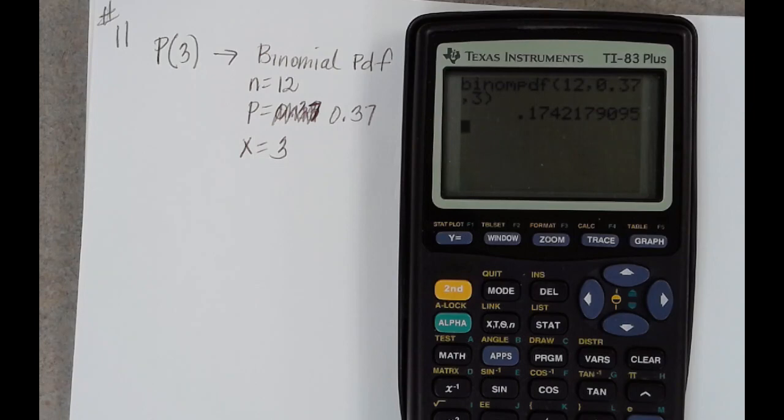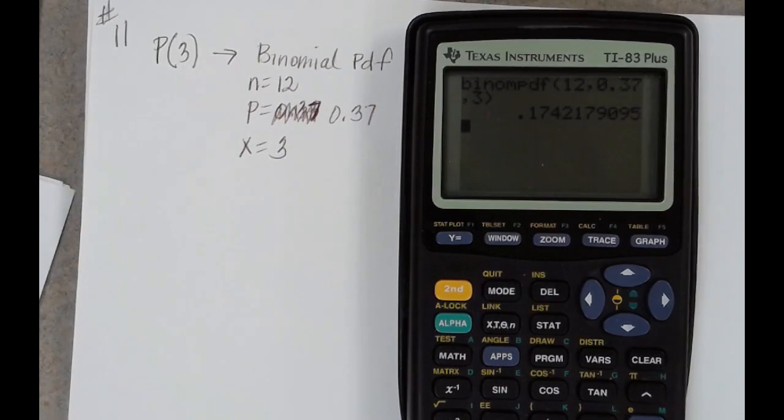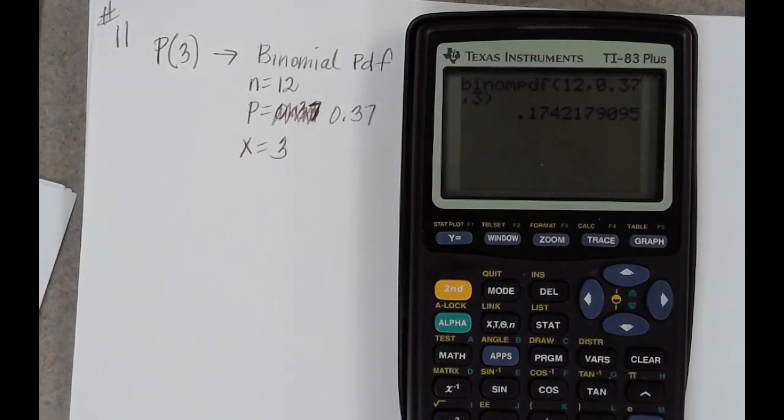Okay. So let's look at how we're going to round that value. Be thinking about what you would record based off of the directions, which are to round to the nearest thousandth. That is 3 numbers after the decimal.